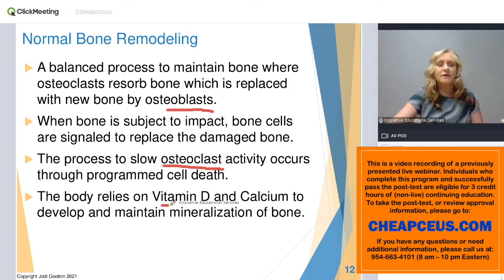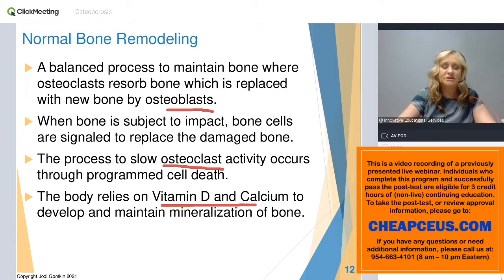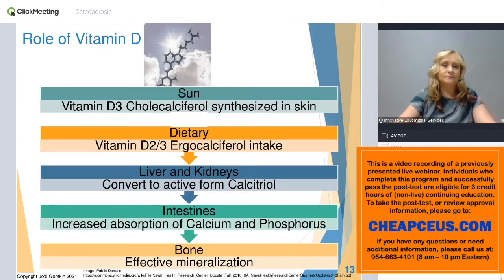We also need to recognize that vitamin D and calcium need to be brought into the body in order to maintain this process of mineralization. Vitamin D plays a critical role, and most of our vitamin D is going to come from sun exposure. That's our D3 primarily.